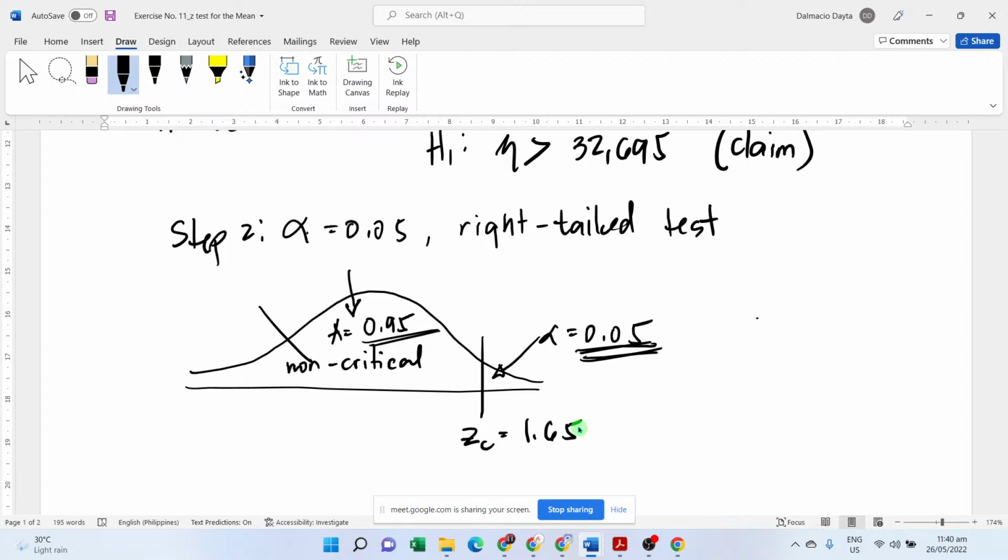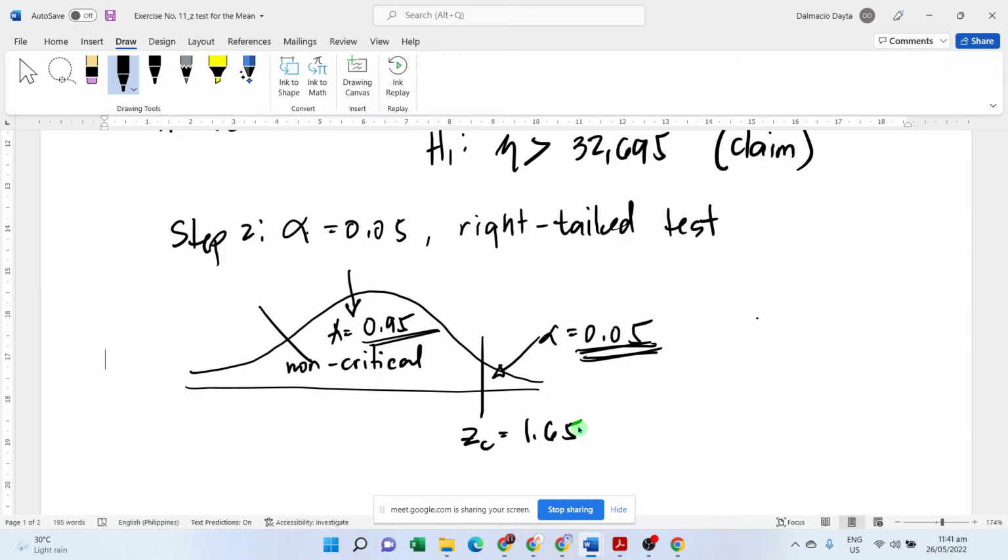If in the computation the test value is greater than 1.65, then it will fall, if you see my mouse pointer, on this area, and this is the critical region. Ibig sabihin, you're going to reject the null hypothesis.